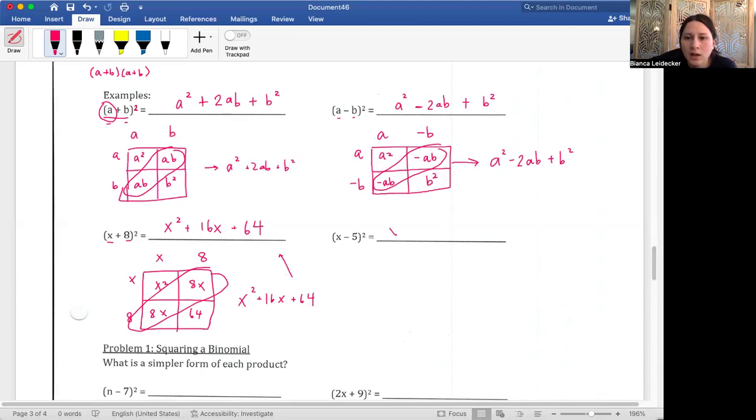Okay, over here, x squared. Because it's a subtraction sign, it's going to be a minus 10x, right? 5x times 2 is 10x, and then plus 25, because it's 5 squared. Let's check.